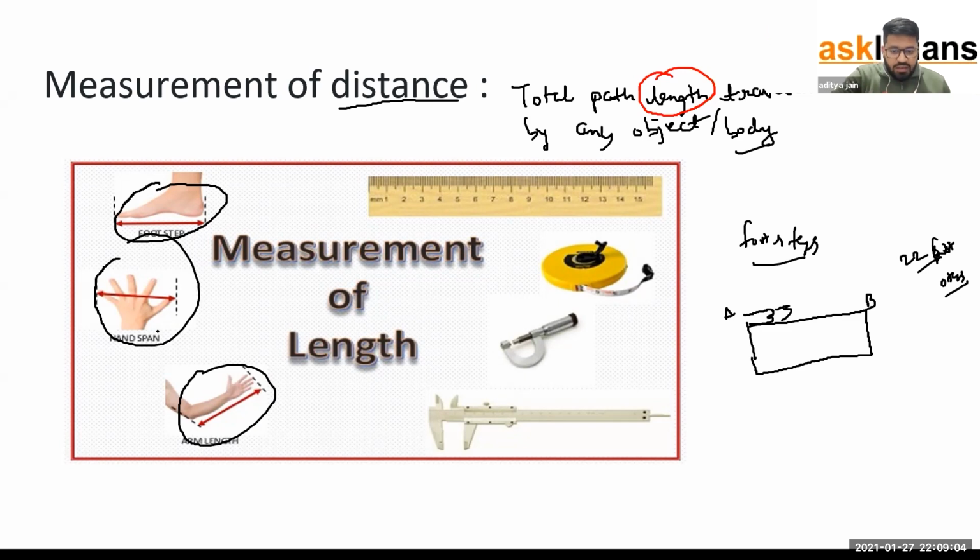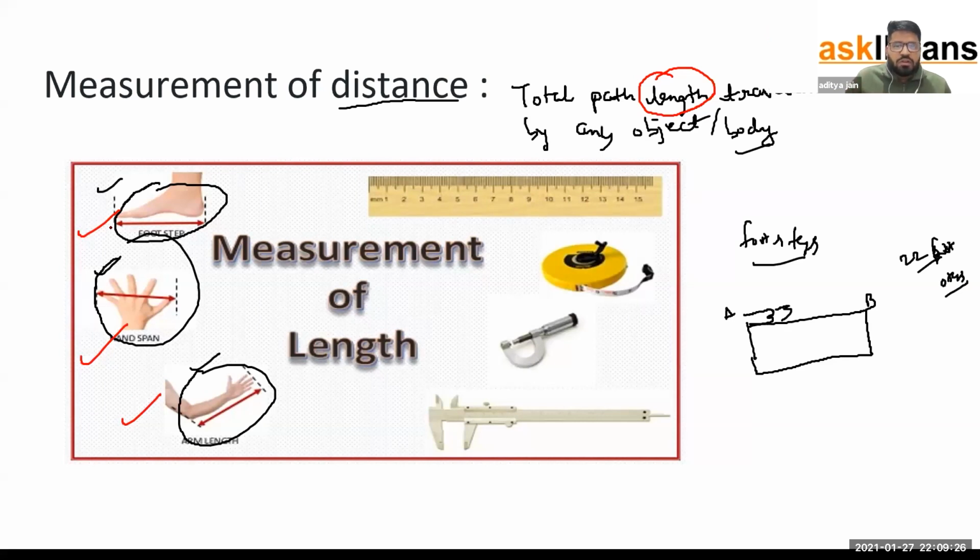But the difficulty with these measurements, footstep, hand span, and arm length, is that they are different for individual human beings. A person can have a longer arm length by birth, and a person can have a long or a short footstep.